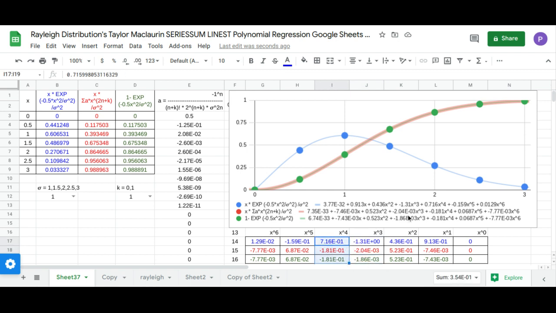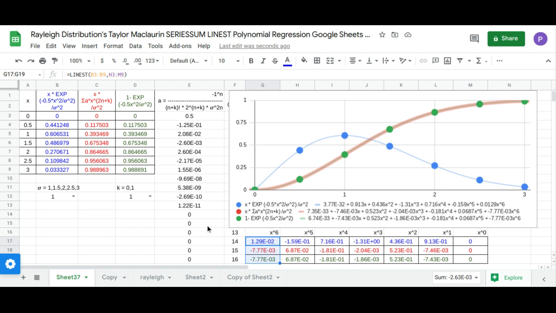And x to the fourth, this is 7.716, 0.181, and 0.181. X to the fifth, minus 0.159, 6.8 times 10 to the minus 3, 6.87 times 10 to the minus 3. Minus 2. And x to the 6, 0.0129 and 7.77 times 10 to the minus 3.